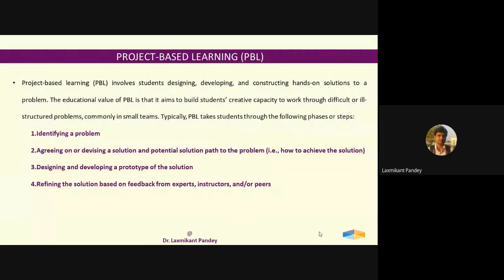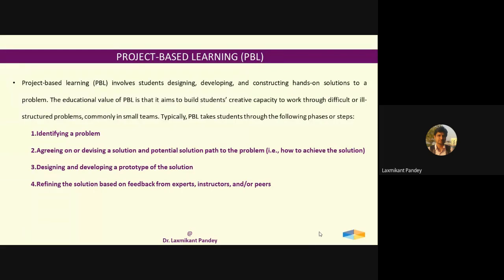So by project-based learning you can create different kinds of skills among the students. One very important skill is teamwork. Students can learn how to work in a team. That is a very important skill which we are going to inculcate among the students, because after completing his education, when he goes into the field, he needs to interact with different kinds of persons and face different kinds of situations.